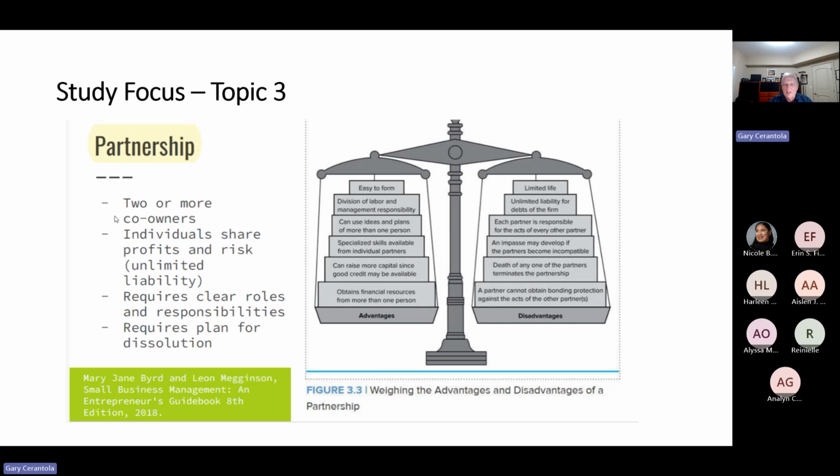So what that means then, say I actually ran a partnership business with an individual, let's say David, all right, and if David did something wrong and caused damage to a customer, well, that customer then could come right after the entire business. So it's unlimited liability.